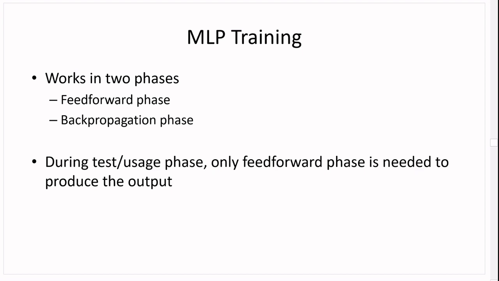So the training of a backpropagation network, or MLP training, works in two phases. There is a feedforward phase and there is a backpropagation phase. Feedforward phase is the one where you put the input to the system, and this input is propagated in the forward direction all the way to the output to figure out what output is being produced for that given input and given set of weights at that particular instant.